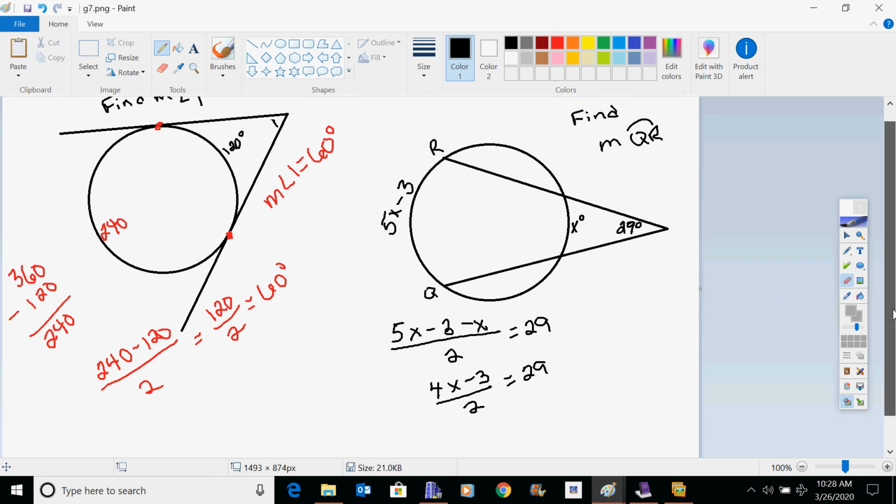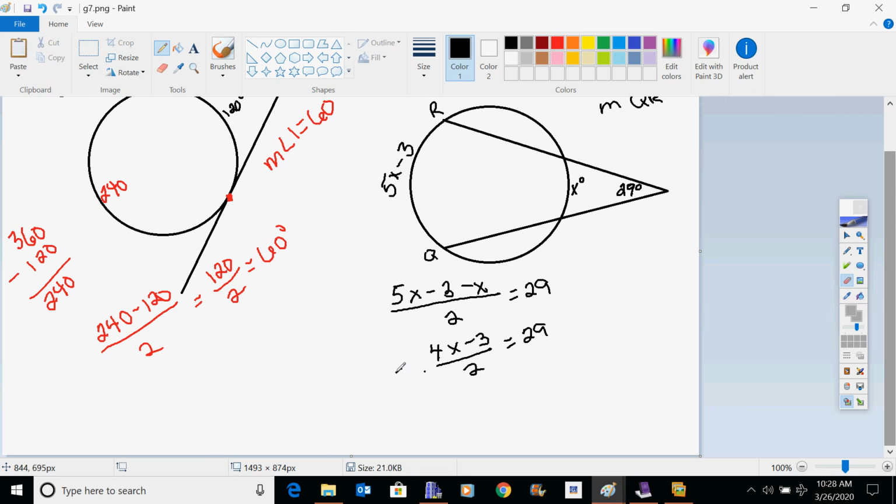Multiply both sides by 2 to get 58. So 4x minus 3 equals 58. Add 3 to both sides, and 4x equals 61. We divide that out. We get 61 divided by 4 gives you 15, I believe, and a fourth.